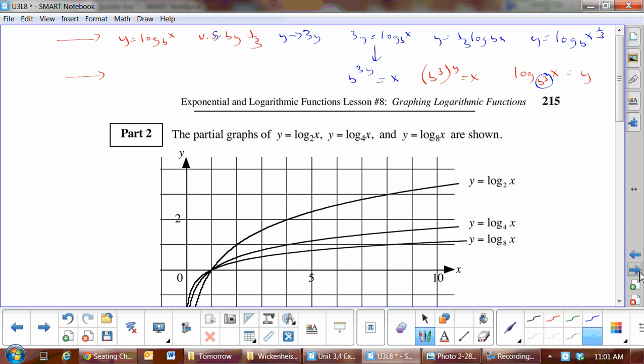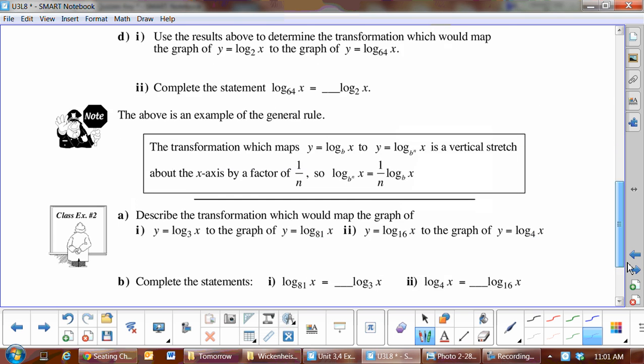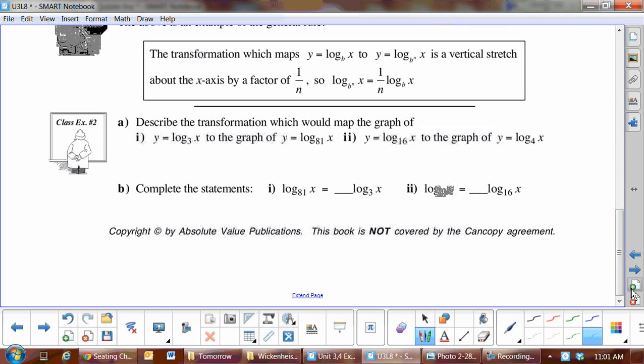Now, if you come down to this chart, if we had log base b of x and log base b to the n of x, it's a vertical stretch by 1/n.